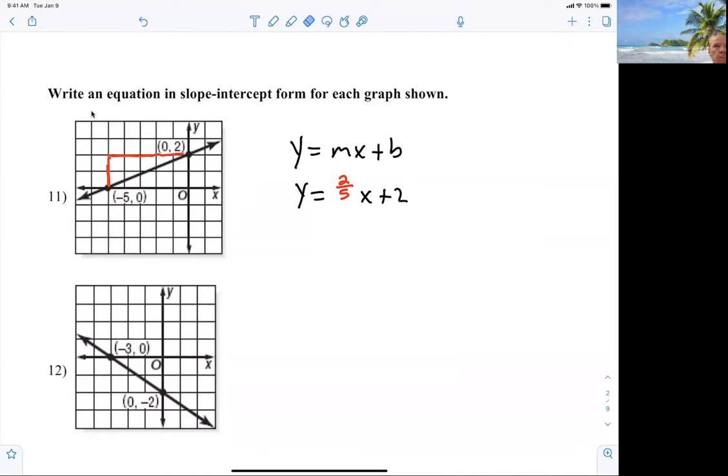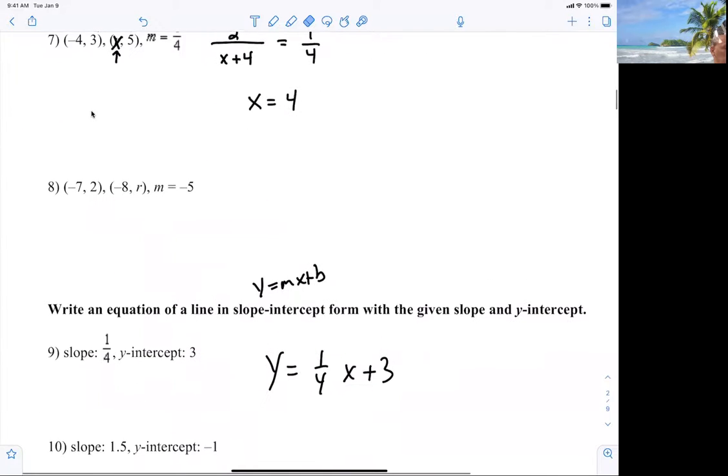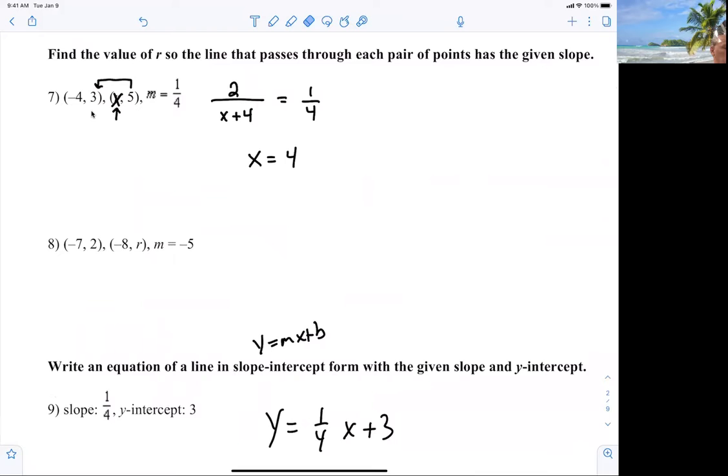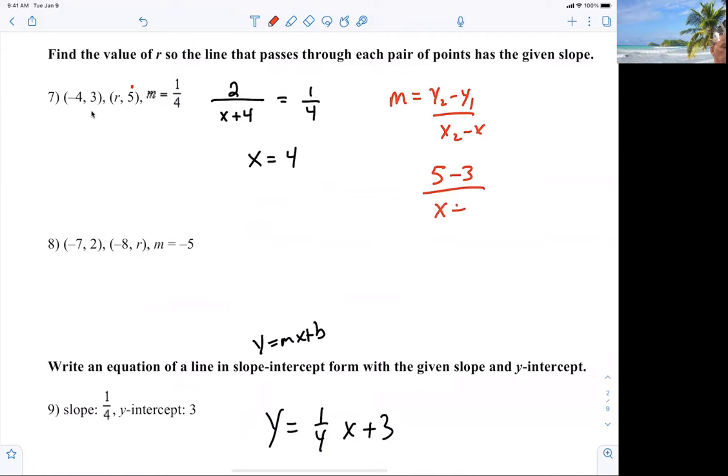Okay, Kenzie, tell me. I was just confused on the 7. And I was wondering if you could do 8 because I didn't really understand 7. Okay, so essentially all you're doing is writing the equation for the slope. Remember, slope is y2 minus y1 over x2 minus x1. So the first y value is 5 minus 3 over x plus 4 equals 1/4.